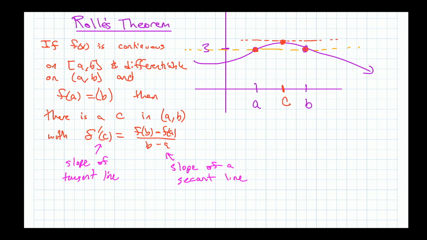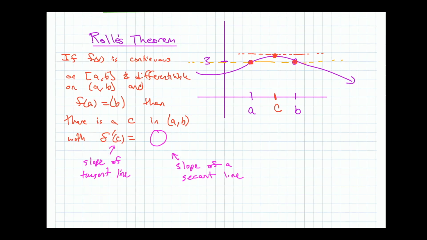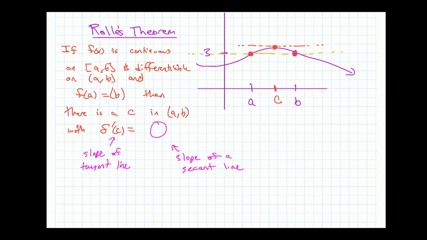No, I lied. Hold on. I wrote the mean value theorem. The derivative is 0, right? That's the derivative that I drew. It's true though, slope of a secant line. But that particular secant line has a slope of 0. So this is the one that's Rolle's theorem.